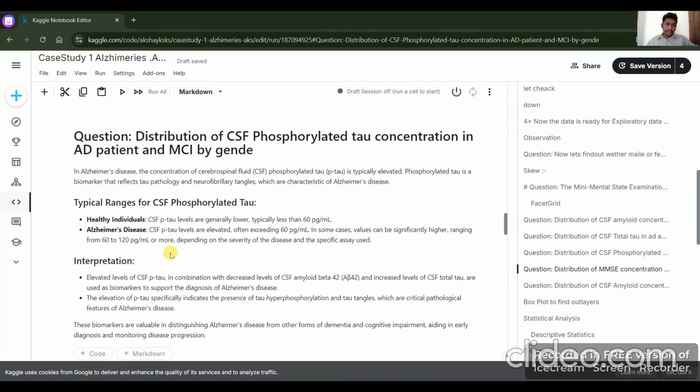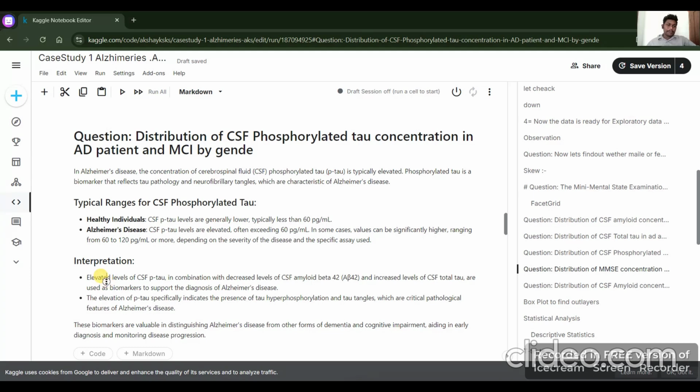In Alzheimer's disease, CSF phosphorylated TAU is elevated, often exceeding 60 pg/ml. In some cases, values can be significantly higher, ranging from 60 to 120 pg/ml or more, depending on the severity of disease and the specific assay used.